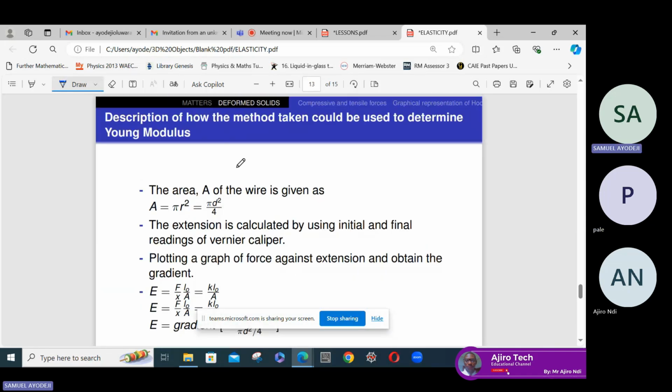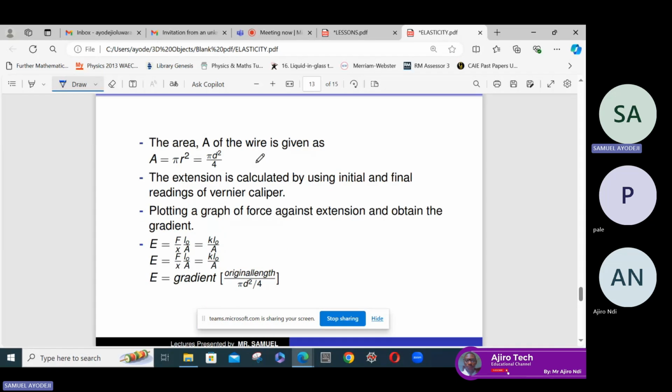Description of the methods that could be used to determine the modulus. So how do you determine your cross-sectional area? Area means pi d squared over 4. When that is done, what's the next thing? You measure the diameter, calculate the extension, then plot a graph of force against x.